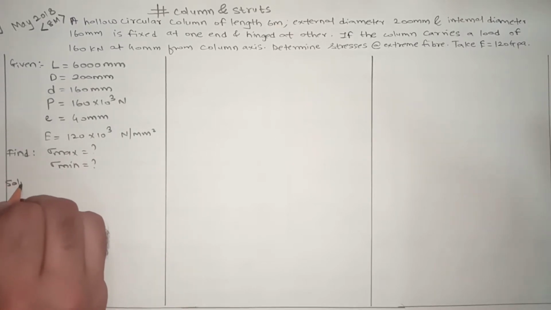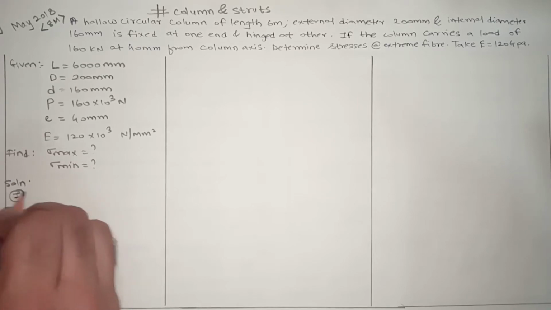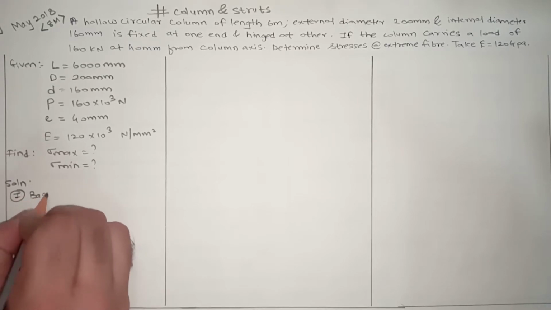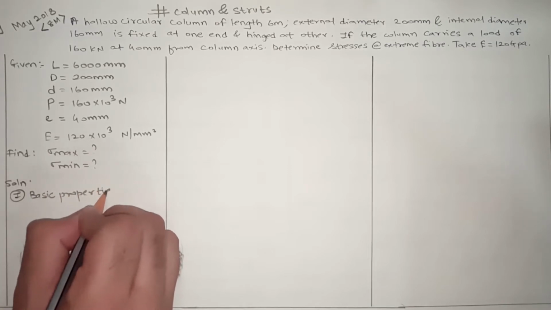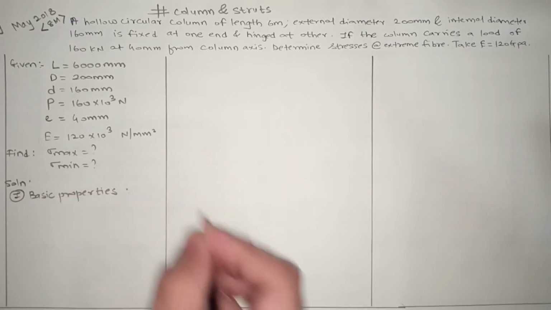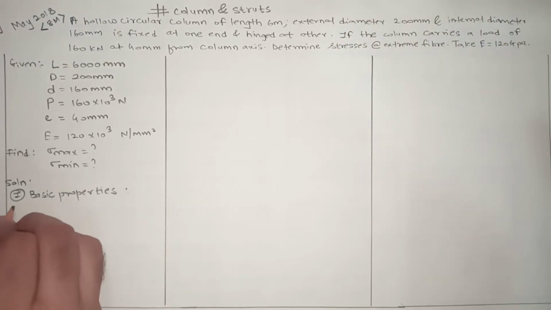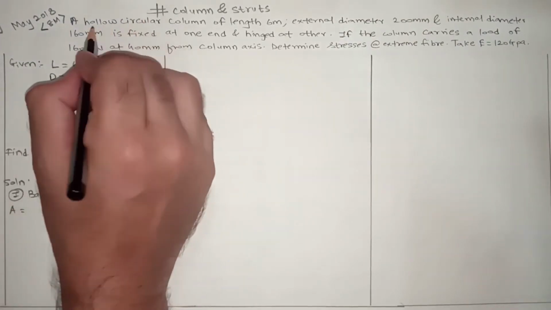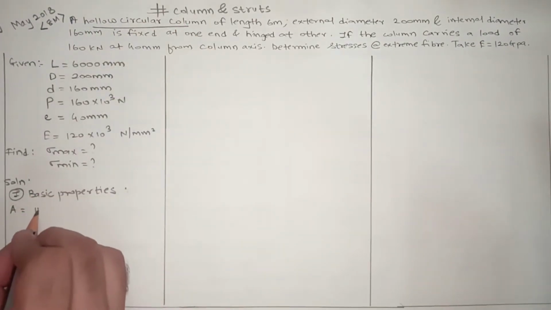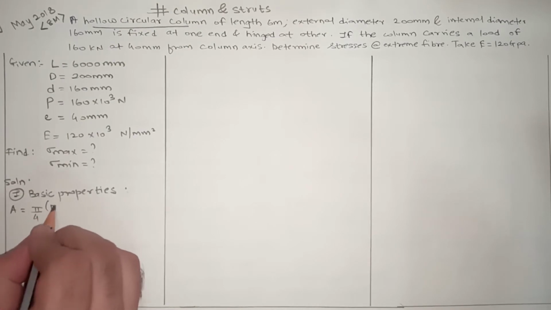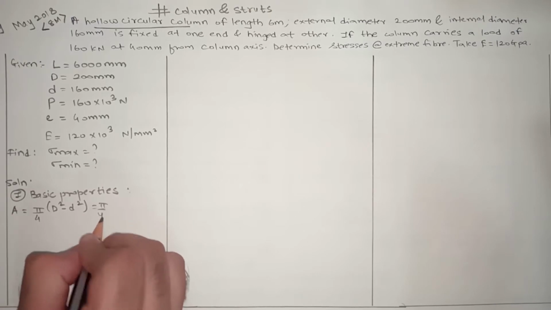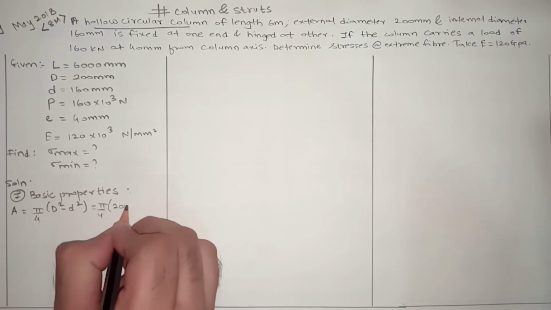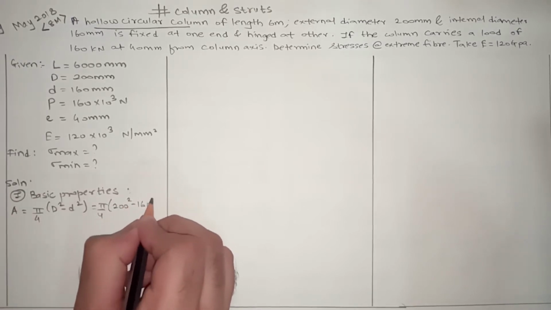Now let us start the solution. So our first step is to find basic properties of section. So basic properties means we need to find area of this section. So for hollow circular column, area is pi by 4 into capital D square minus small d square, that is pi by 4 into 200 square minus 160 square.